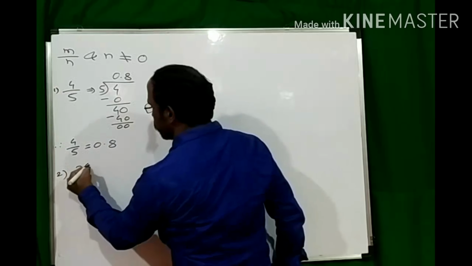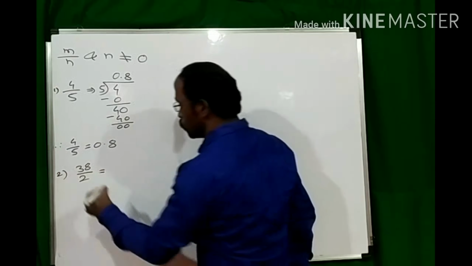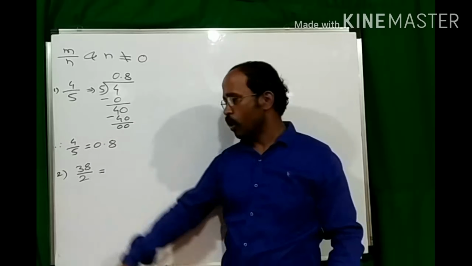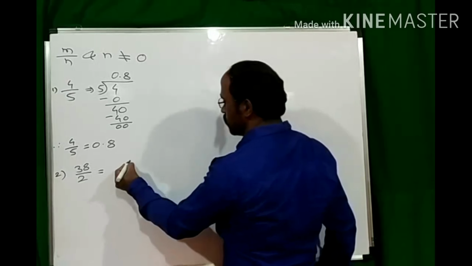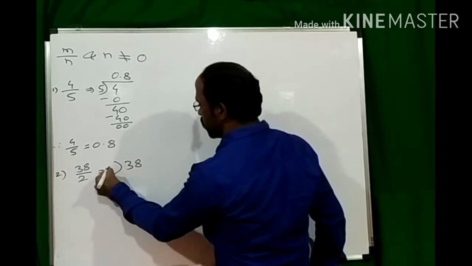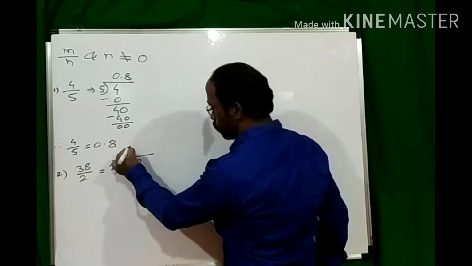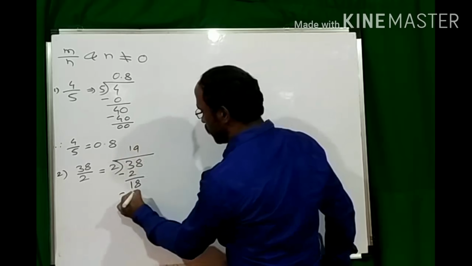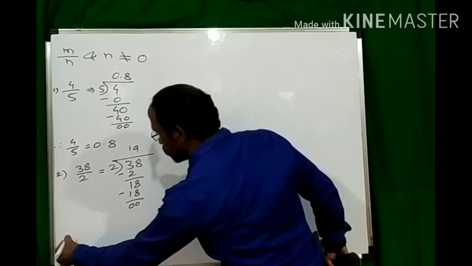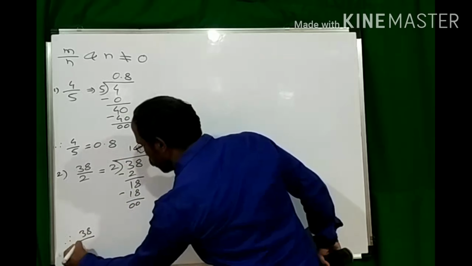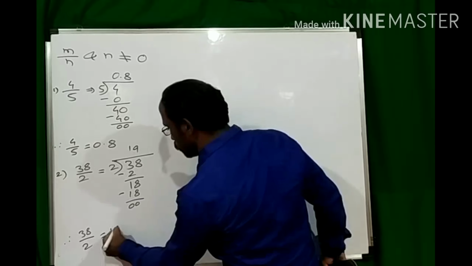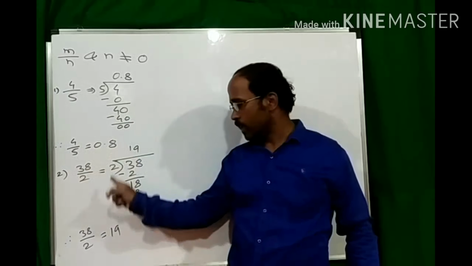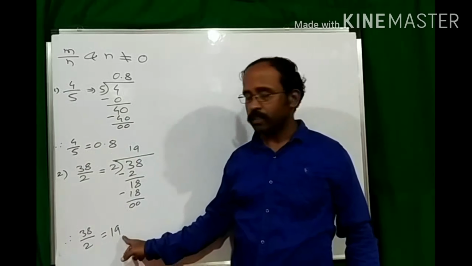Suppose 38 upon 2. This is also a rational number because the denominator is not equal to 0. We write it as 38 divided by 2. 2 1s are 2. 2 9s are 18. Therefore 38 upon 2 is equal to 19. The answer of the first is 0.8, the answer of the second is 19.